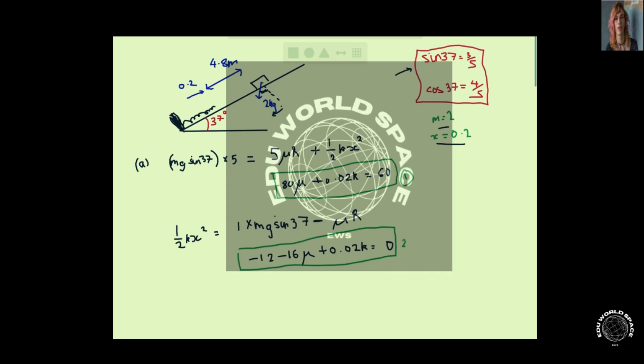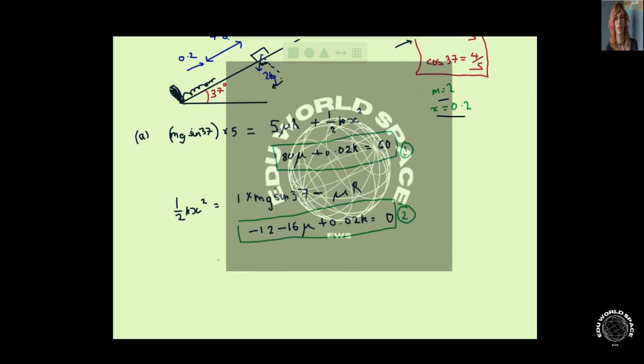And now, by adding equation 1 and equation 2, we get that 96 mu is equal to 48, and therefore mu is equal to 0.5, which is our answer for the coefficient of friction.